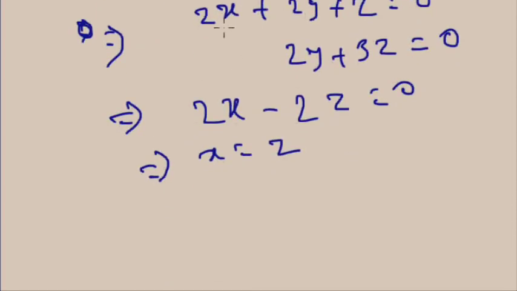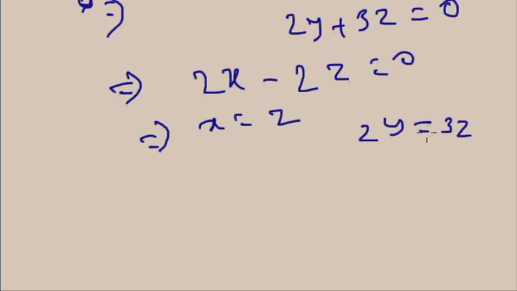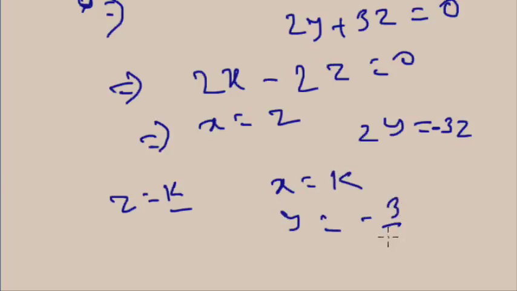X and z are the same, so 2x plus z means 3x. Suppose I need to find the value of y: 2y is equal to minus 3z. Suppose z is k, so x will be k and y will be minus 3 by 2 k.